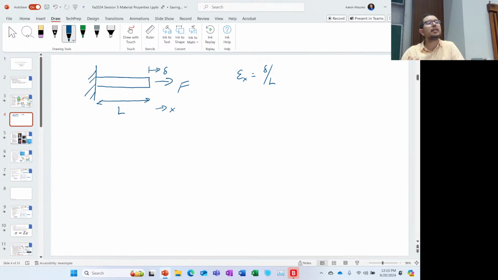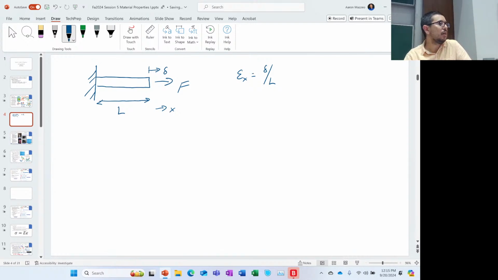That's a change in length over the entire length, right? So it's the change in length at the end, okay? So maybe it goes out to here, something like that.